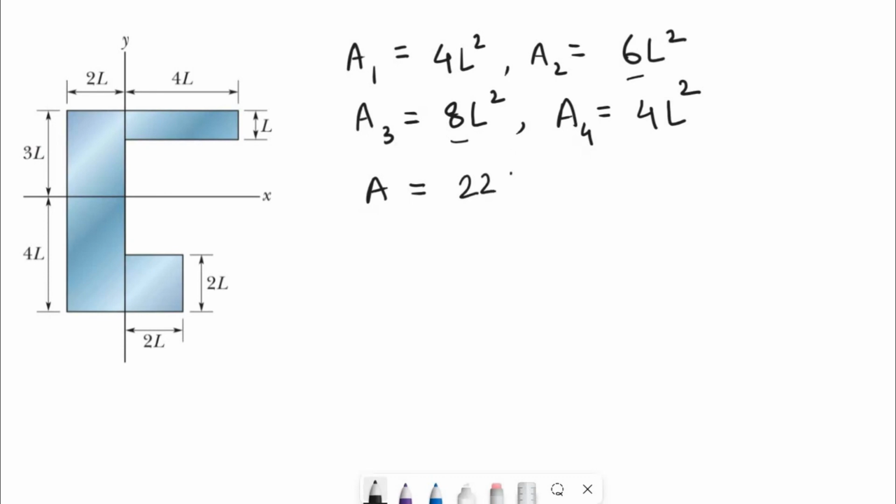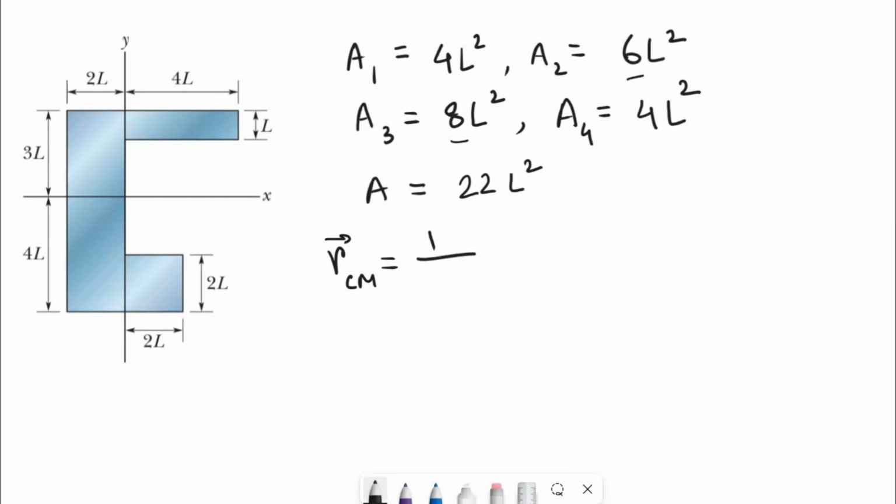So 22L squared. Is that correct? 8 and 8, that's 16, and 6 more is 22. Yeah, this seems to be correct. All right, so then we have 22L squared.